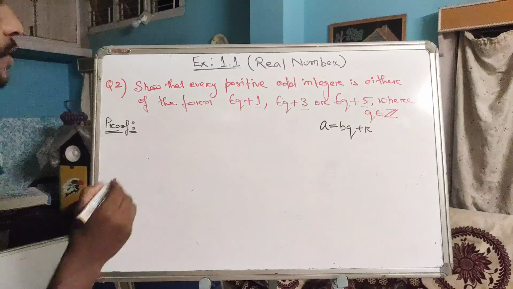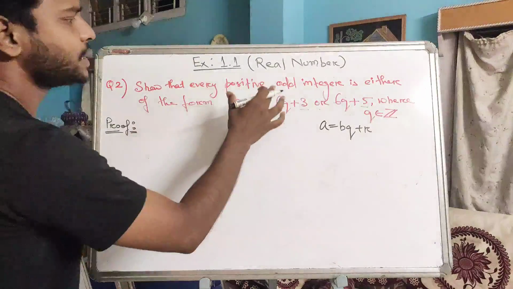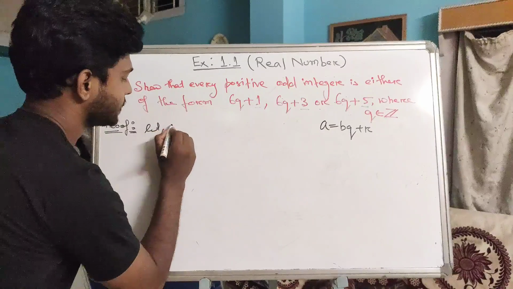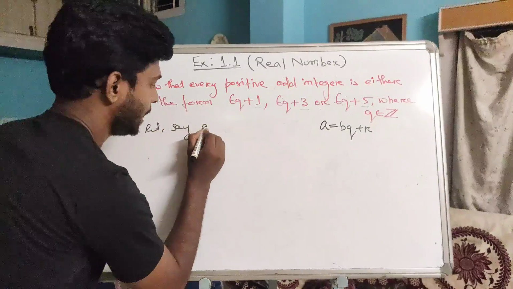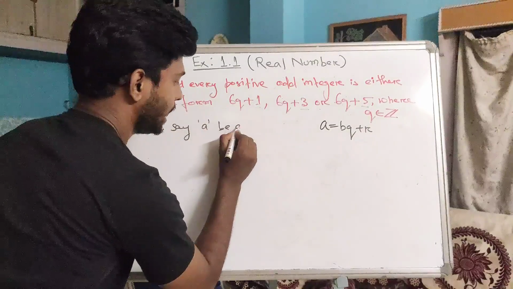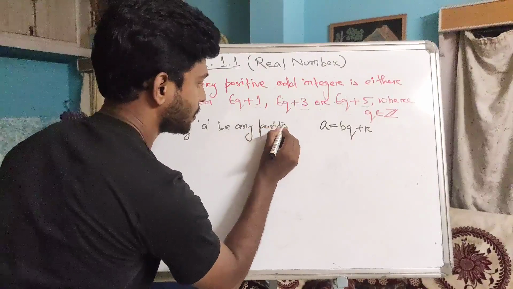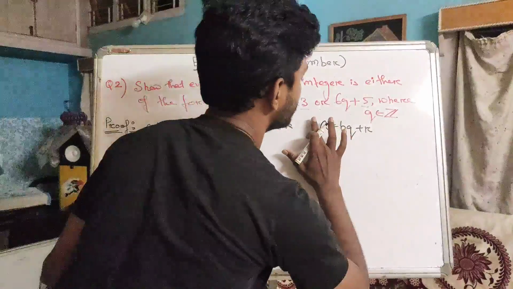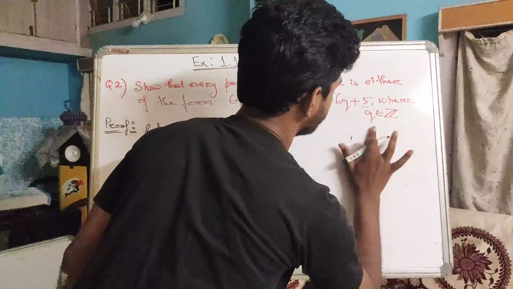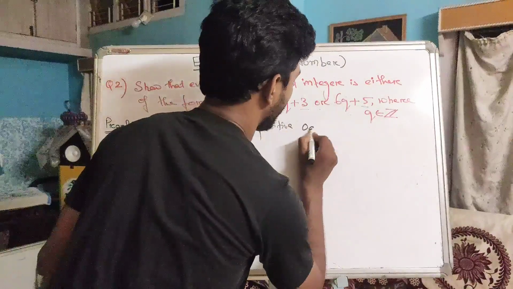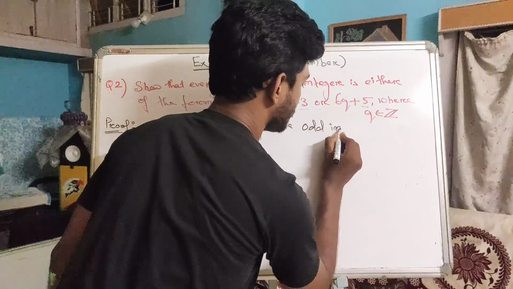So let us denote a positive odd integer by a. Let a be any positive odd integer.